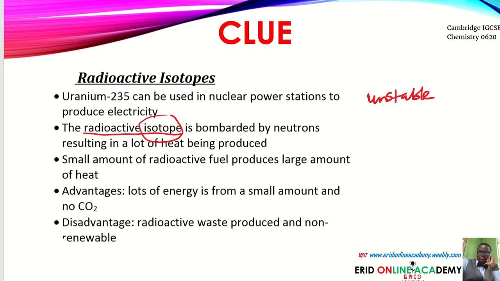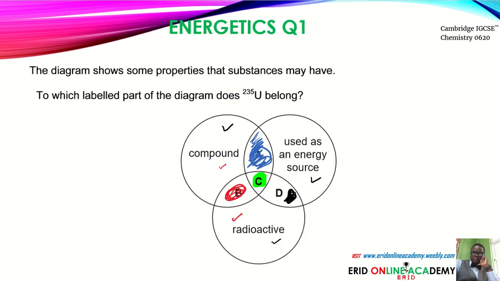So now you can see that uranium-235 can be used to produce a high amount of energy in nuclear stations. So let's go back to the question and see how we can apply this clue to solve the problem that we have.